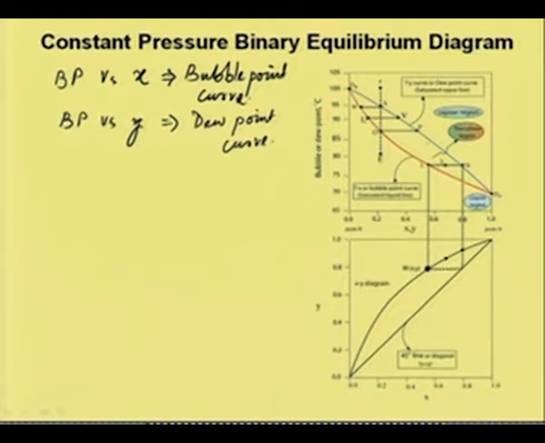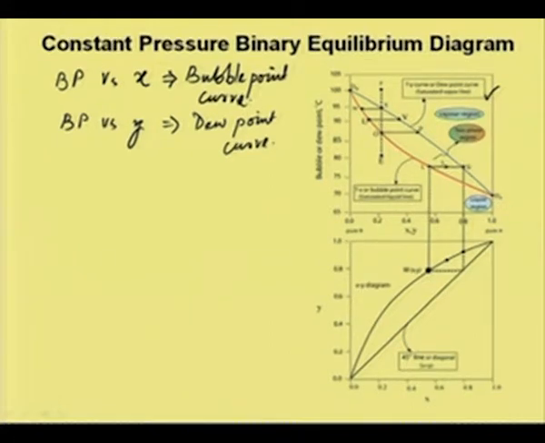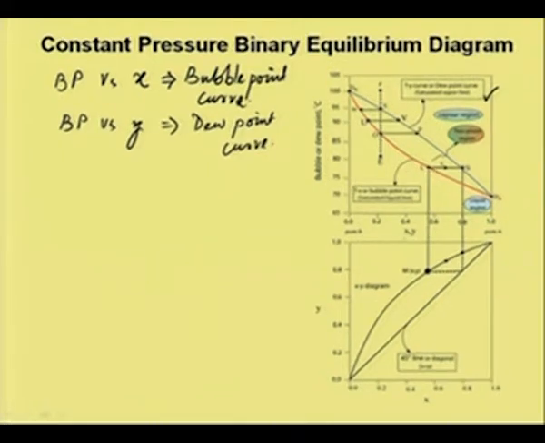So, the upper curve here is the Ty curve or the dew point curve, that is, each point on this curve represents the saturated vapor, and the lower line is the Tx or bubble point curve. Here the composition x or y is represented in terms of the mole fraction of the more volatile component.